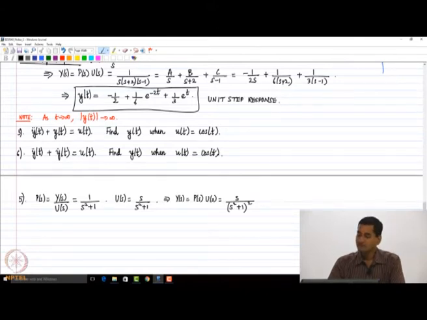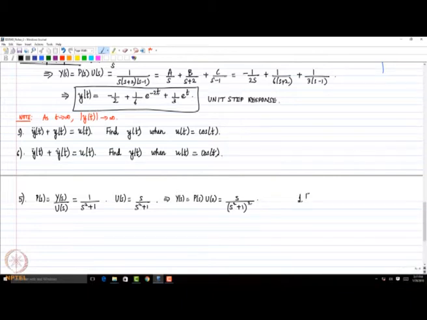Now, how do we get the inverse Laplace transform? We use a property of Laplace transform, and as he said, you could use the complex differentiation theorem. That's going to make our life very simple. If you recall, the complex differentiation theorem says the Laplace of t times f of t is minus dF by ds.